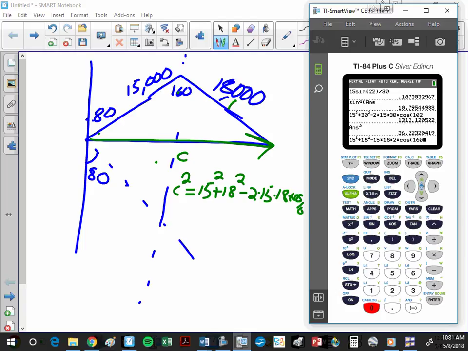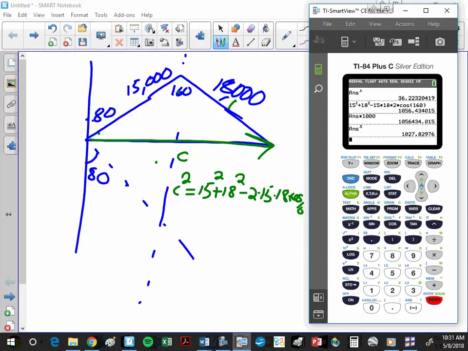Thanks for that. Now I need to times that by 1,000. And then take the square root. And I get something. That's not right. What did I do wrong?